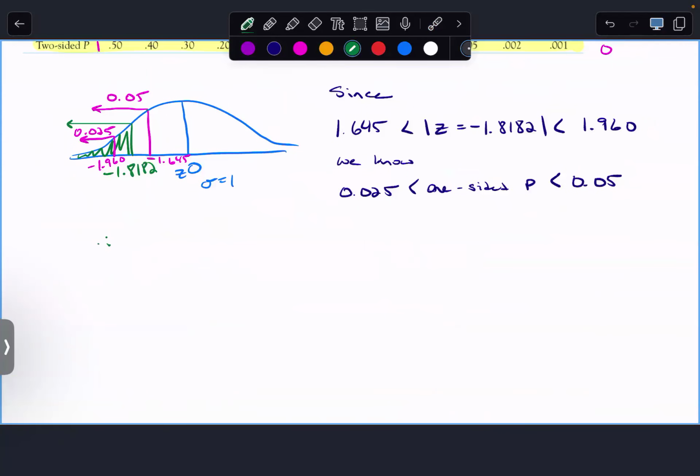Therefore, between 2.5% and 5% of bottles have less than 35.8 ounces of ketchup.